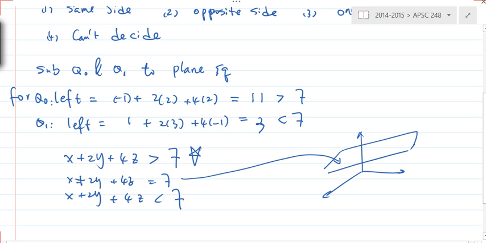A plane basically separates the 3D space into the top and the bottom, the two parts. Then if this is greater than 7, which portion does it refer to? The top. And this one refers to the bottom, so any points beneath that plane.